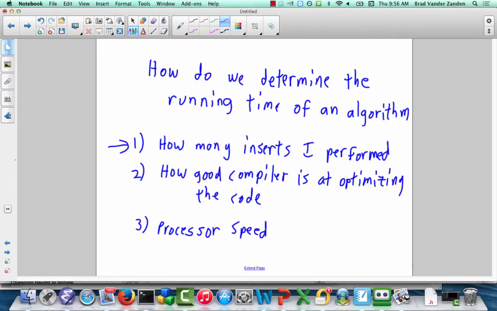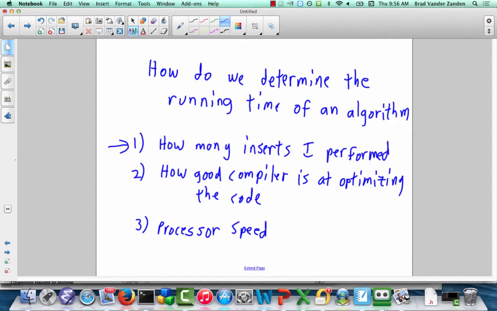So when we're determining the running time of an algorithm, we typically have a pretty intuitive idea that the size of the input is going to affect the running time, with larger inputs intuitively taking more time to process than smaller inputs.